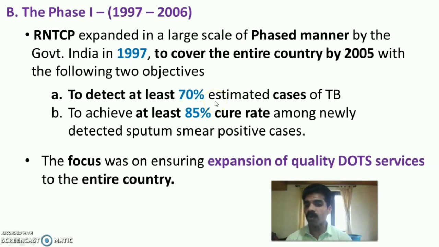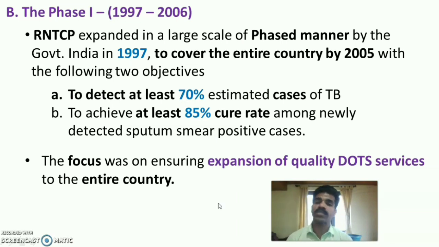The first is to detect at least 70% of the estimated cases of tuberculosis patients, and then to achieve at least an 80% cure rate among the newly detected sputum smear positive cases.